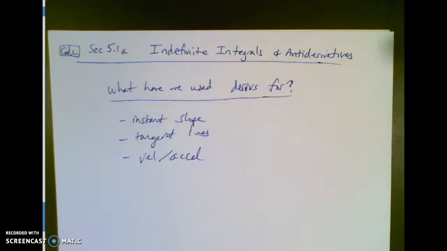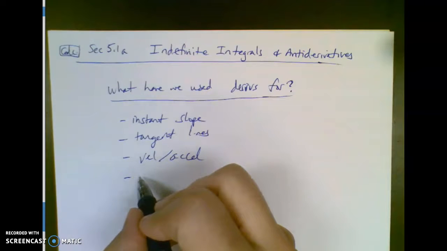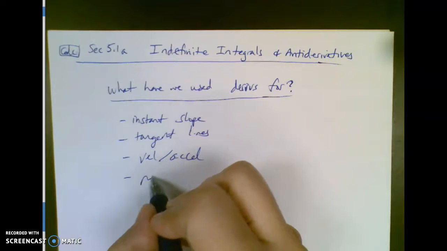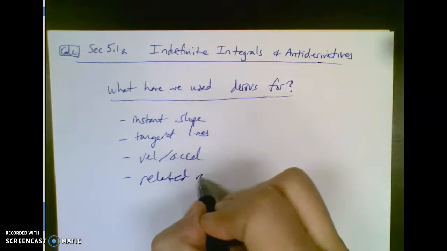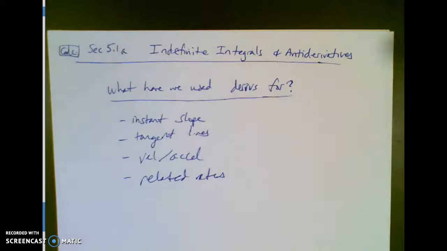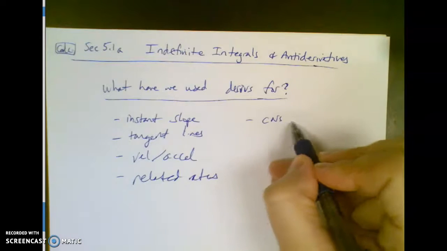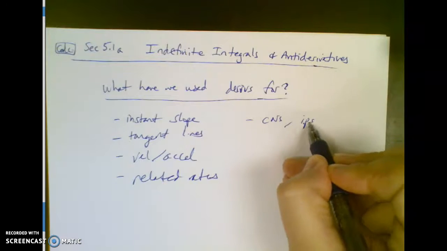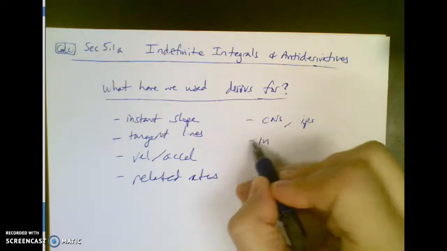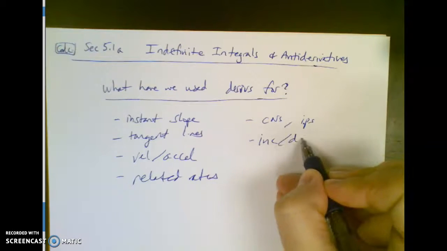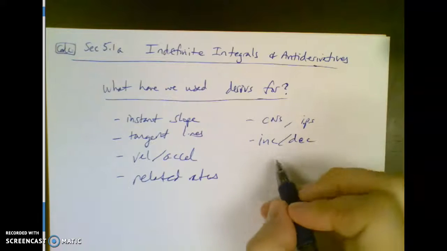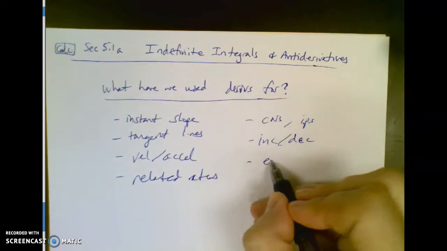And then we did related rates. We used derivatives for all these things. Then we used it for critical numbers and inflection points and increasing and decreasing. We could figure out when our graph was going up, when our graph was going down. We used it to find max and mins, or extrema.